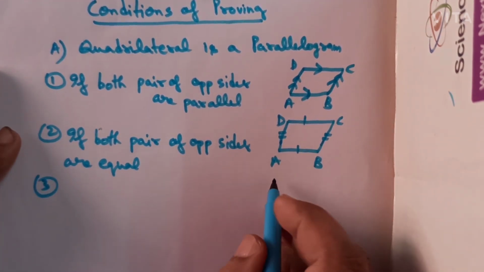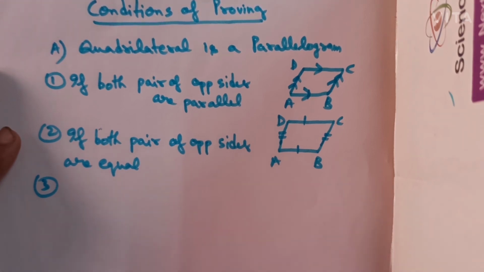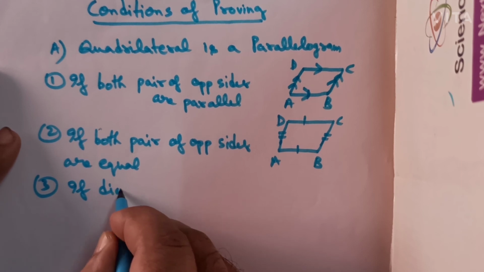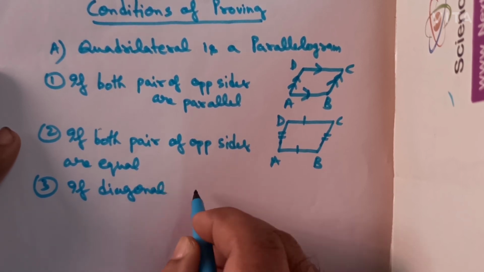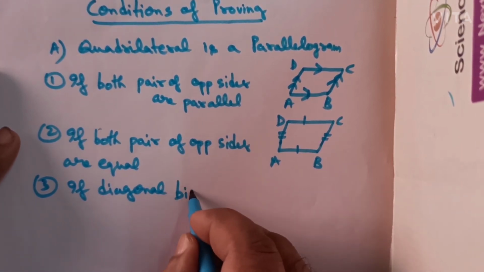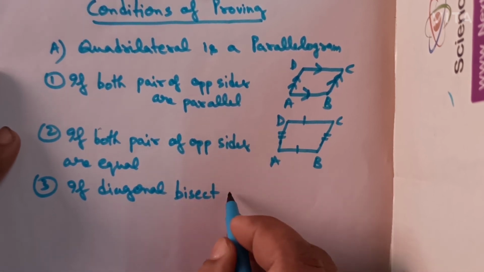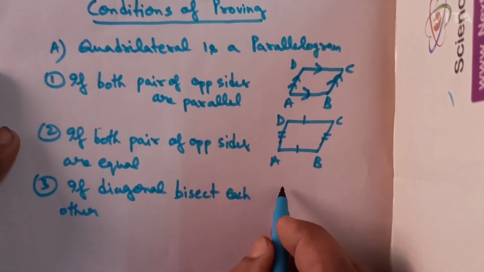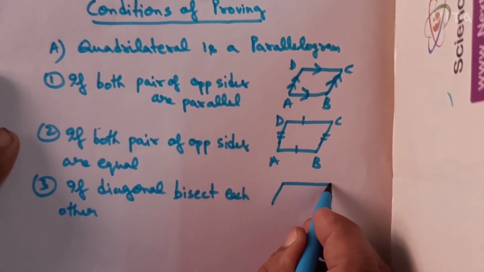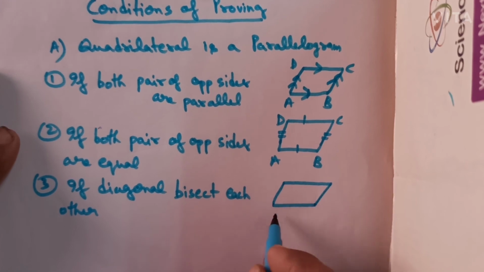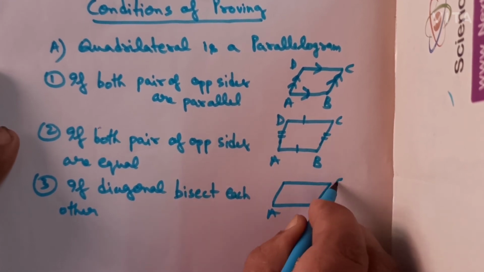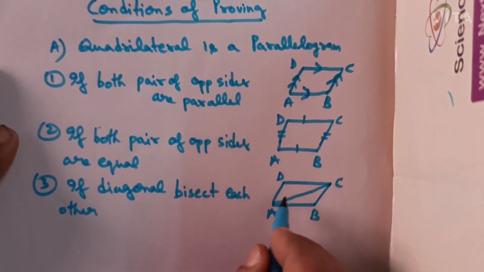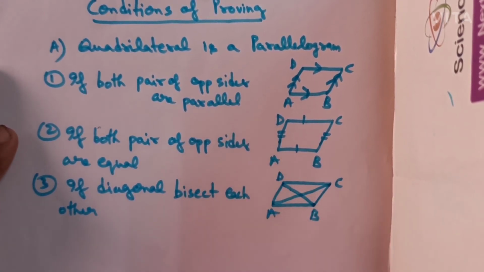Third, if the diagonals bisect each other, then it is a parallelogram. A quadrilateral in which the diagonals bisect each other, like ABCD, is a quadrilateral in which the diagonals AC and BD are bisecting each other.